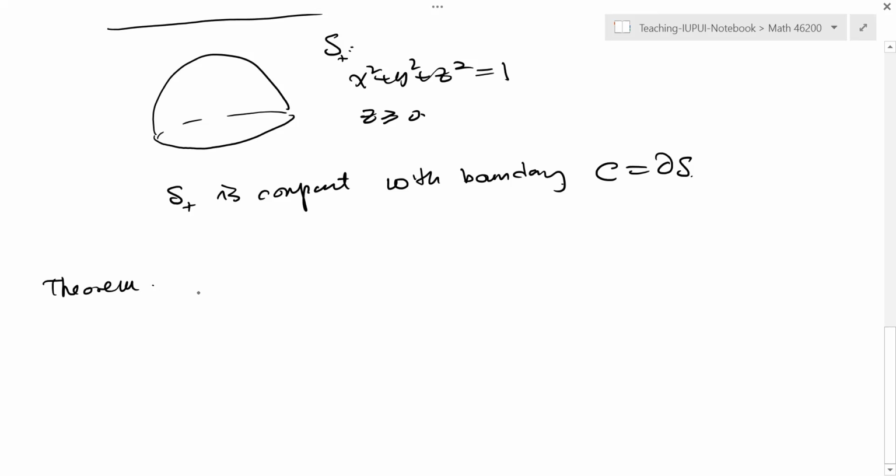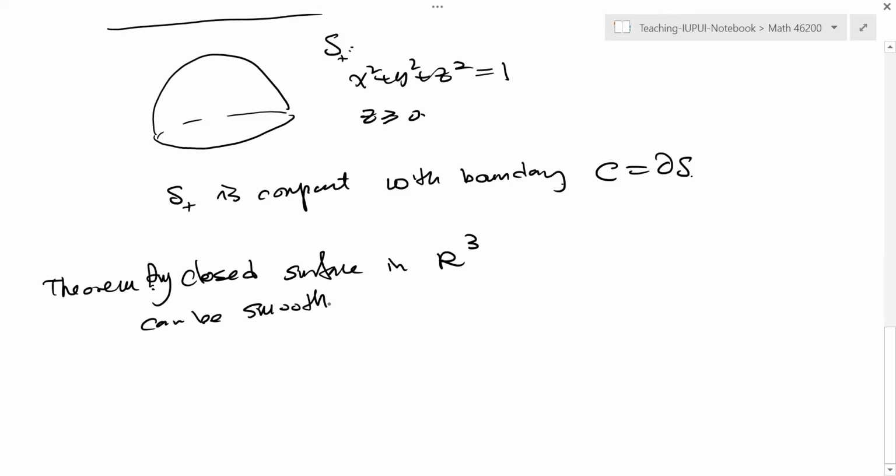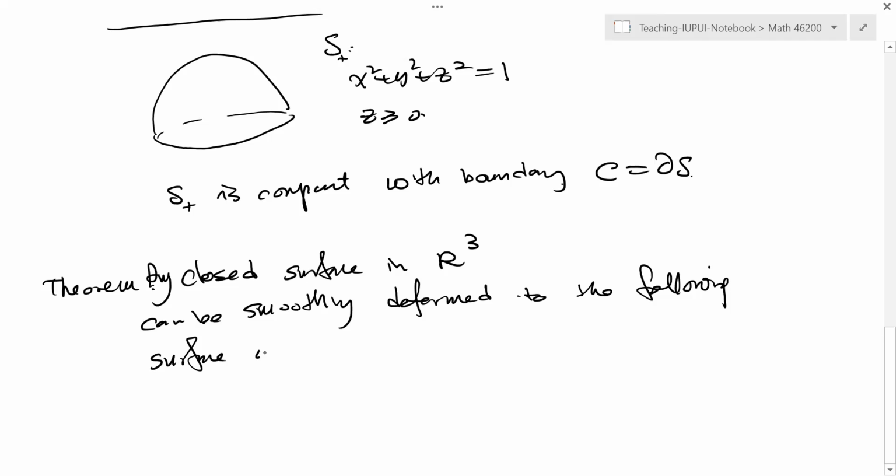Any closed surface in R3 can be smoothly deformed to the following surface with g holes.